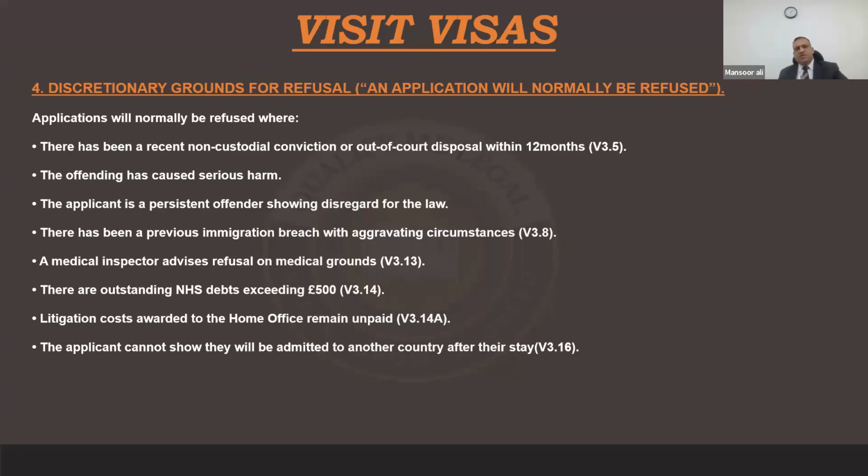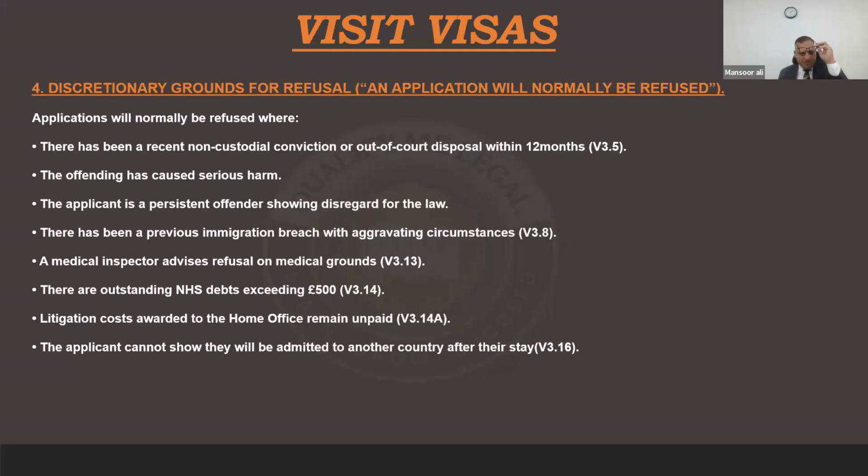What are your discretionary grounds of refusal? Let me explain in detail, because there are chances under discretionary grounds of refusal of satisfying the Home Office. If you have satisfied the Home Office, then there is a high chance of your visa being successful.